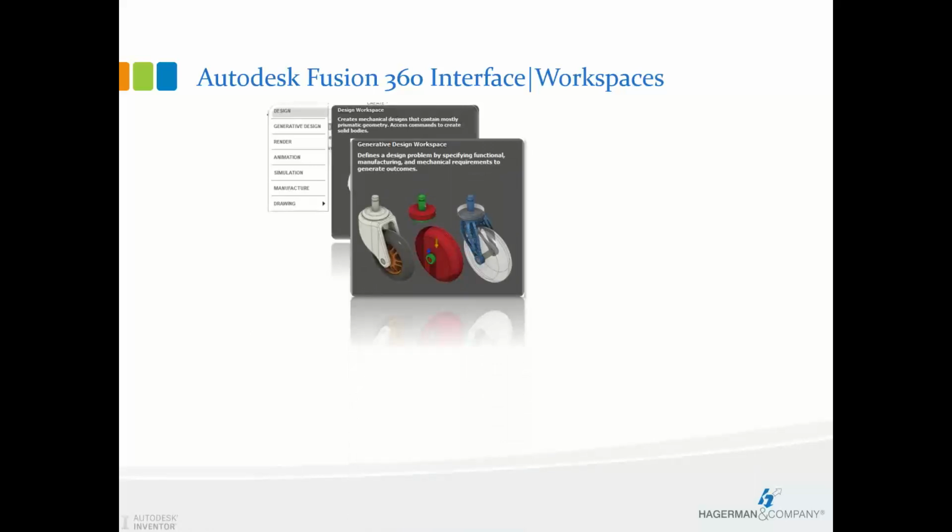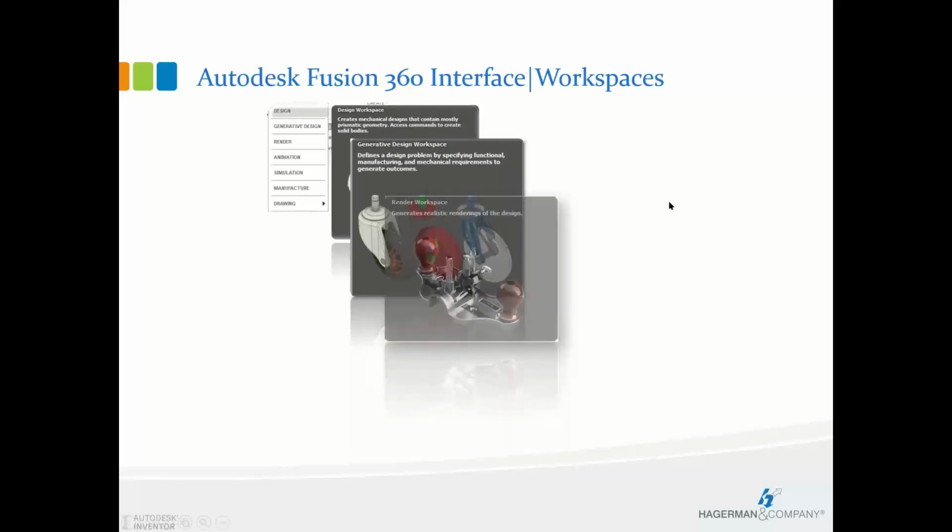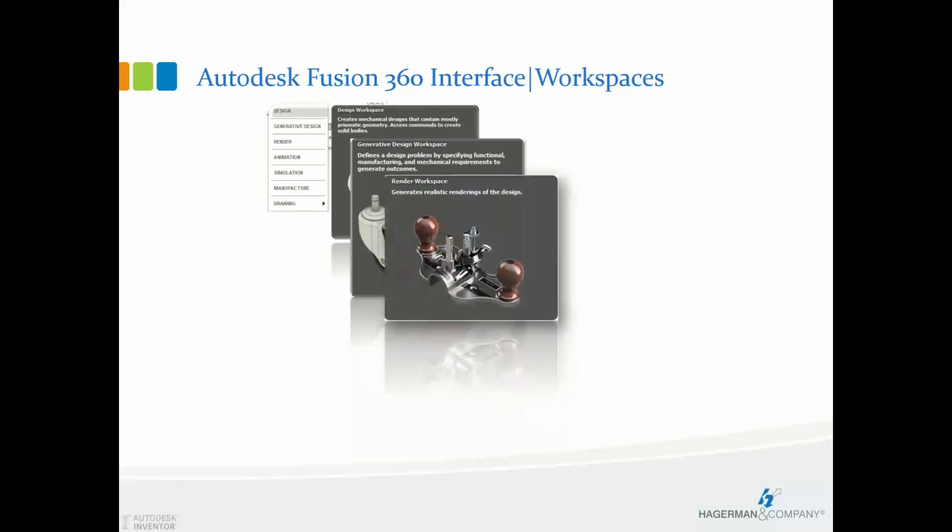There is a generative design workspace where we can define a particular design problem by specifying functional, manufacturing, and mechanical requirements. We can get into the rendering workspace where we can create some of those photorealistic views.